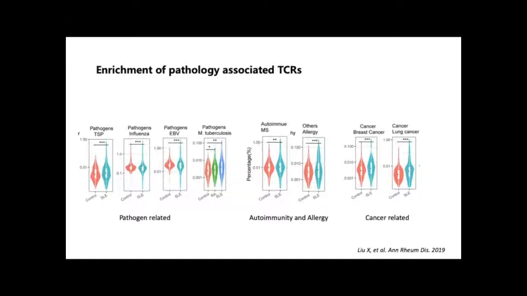We found our T-cell repertoire contains a lot of pathogen-related clones and autoimmune-related clones. The enrichment of pathogen-related clones in our dataset implies there may be some triggering from pathogen-derived clones, and some sharing of epitopes between the pathogen-related antigens and autoantigens in the autoimmune disease. Sharing with other autoimmune diseases is expected.